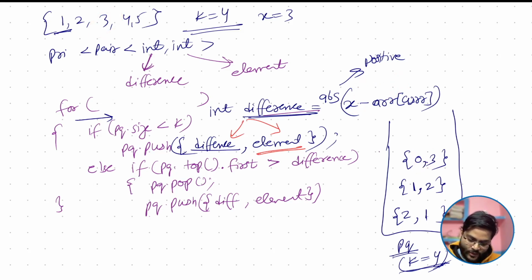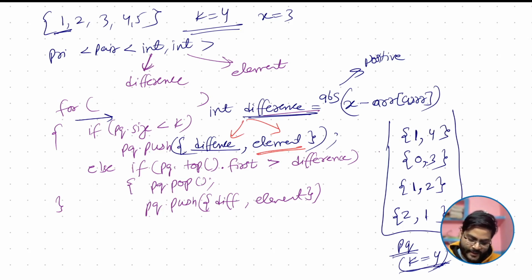Next, x is 3 and the current element is 4. So 3 minus 4 will be minus 1, but we are storing it in abs, so it will be 1 only, so 1 comma 4.